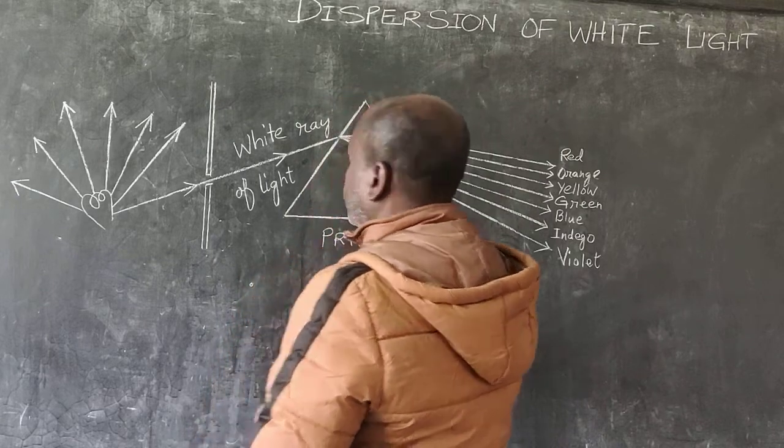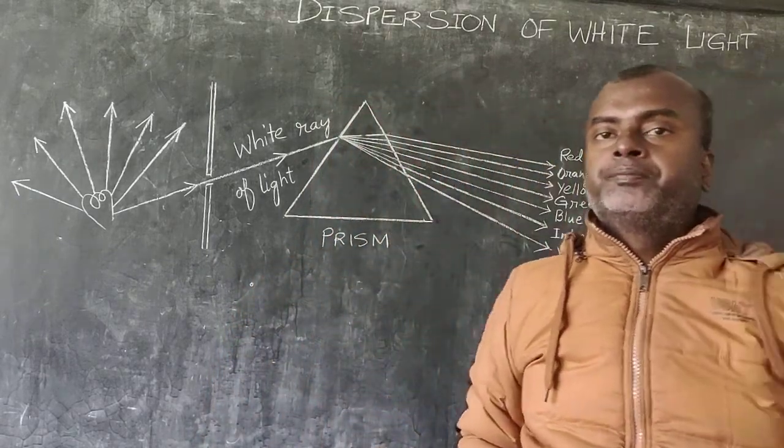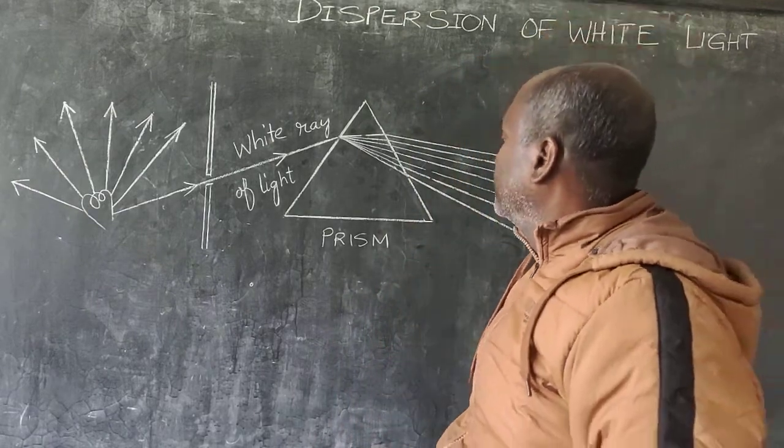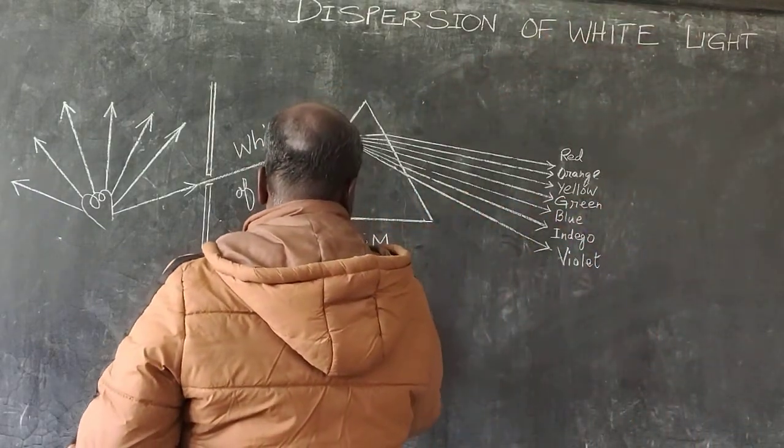Now prism is a rectangular 3-dimensional object, which is somewhat like this.